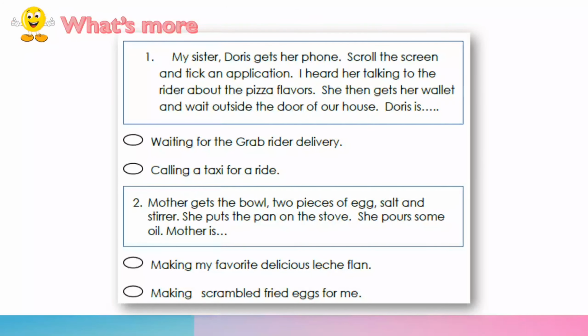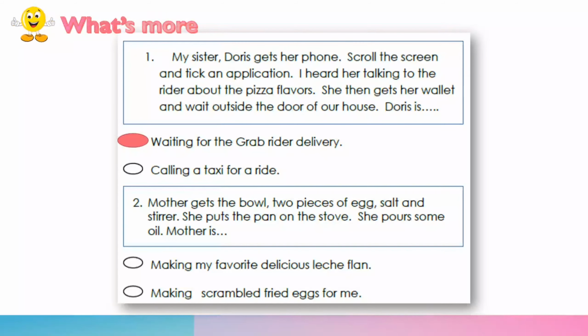I heard her talking to the rider about the pizza flavors. She then gets her wallet and waits outside the door of our house. Doris is very good, waiting for the Grab rider delivery.